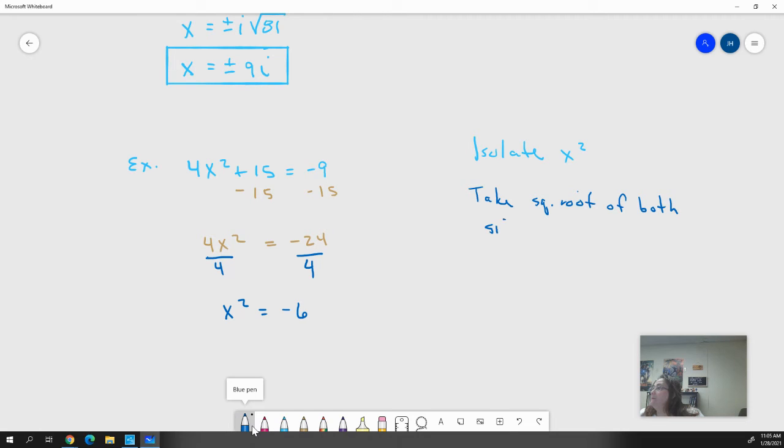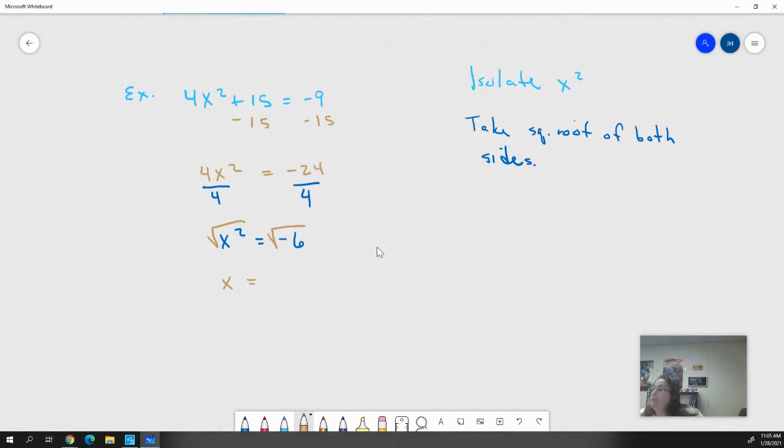right? So let's look at that. Here I'm going to take the square root of x squared, and I'm just going to get x. Now I need to take the square root of negative 6. And when I do that, I know I'm going to get plus or minus something.